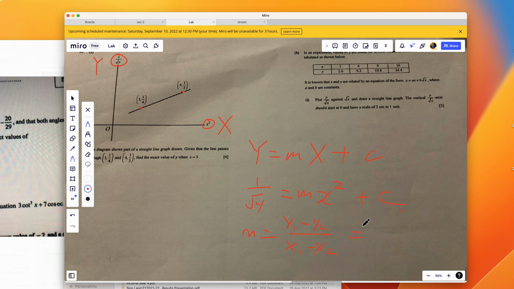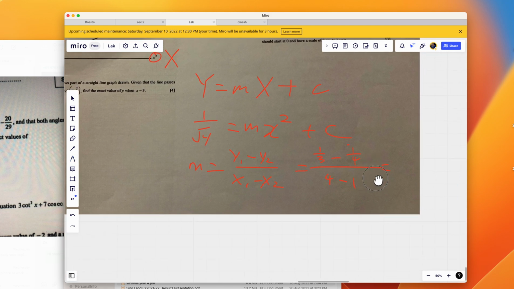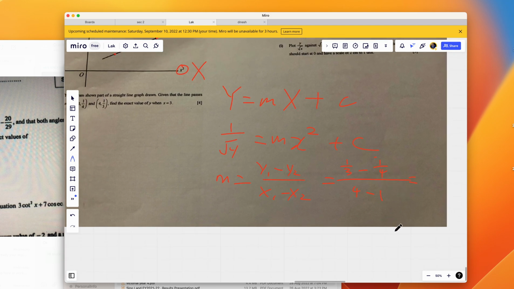So 1/3 minus 1/4 over 4 minus 1. Can you help me out with a calculator? You will get 1 over 36.